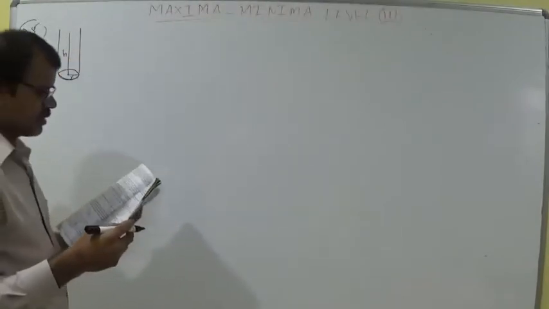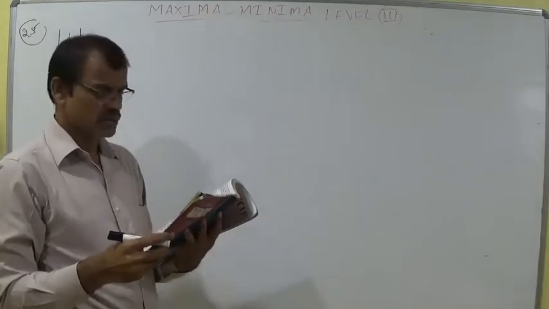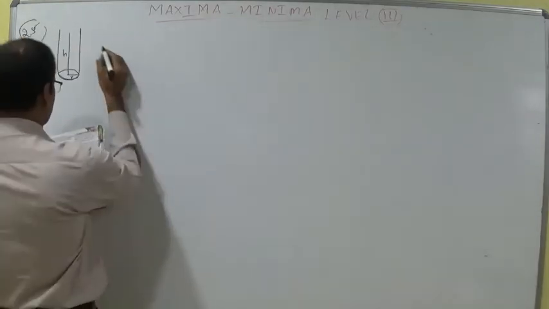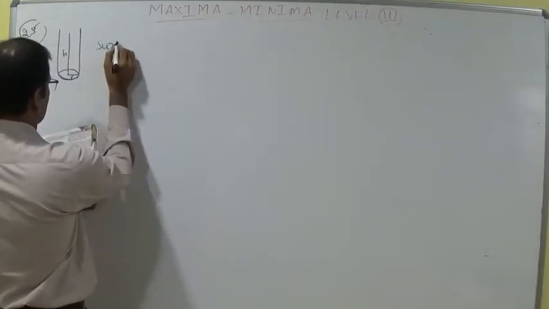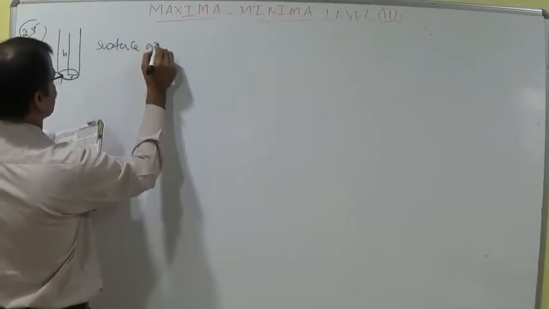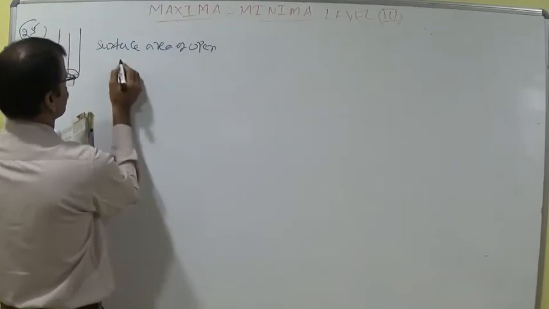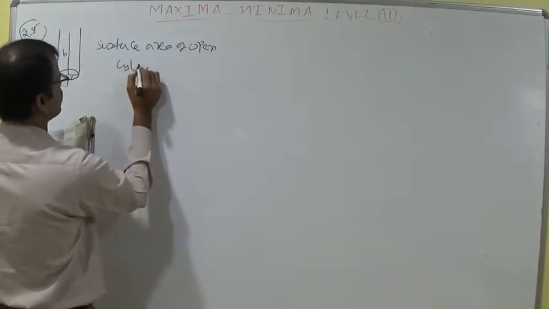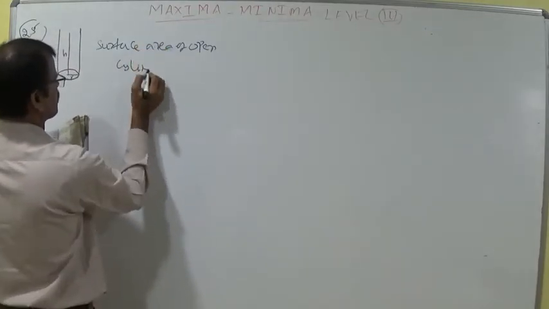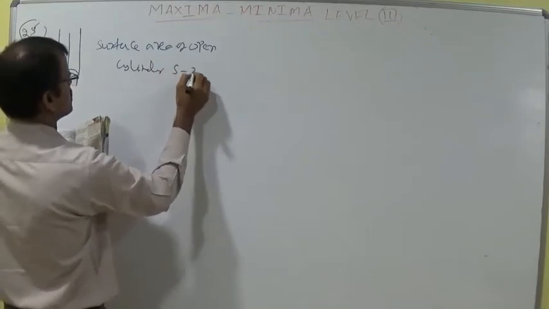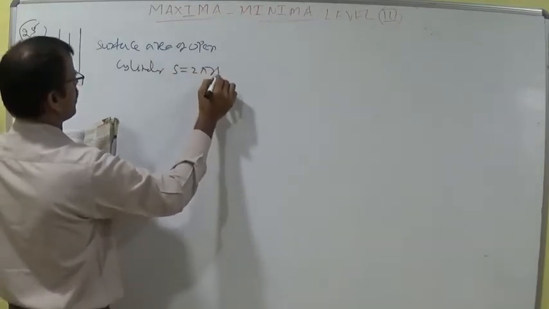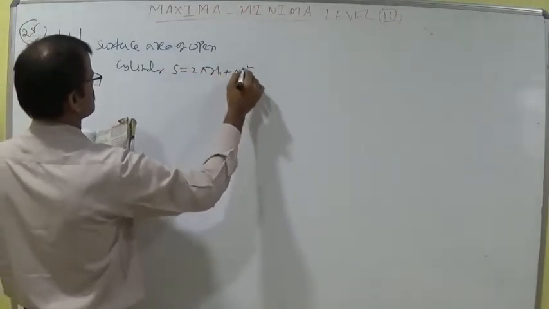An open cylinder of given surface area will have maximum volume. Surface area of open cylinder S is equal to 2 pi rh plus pi r square.